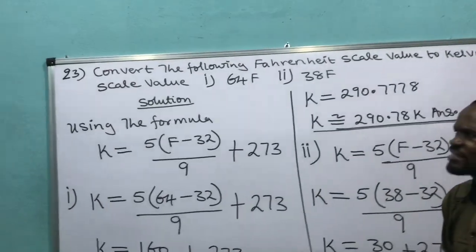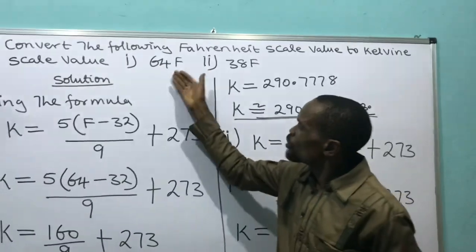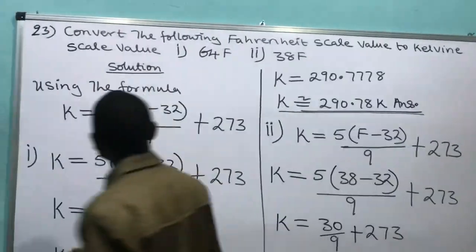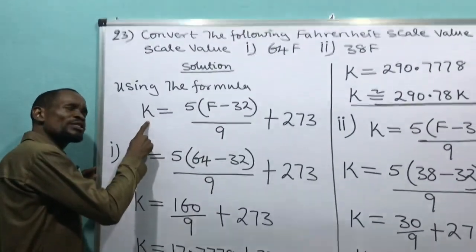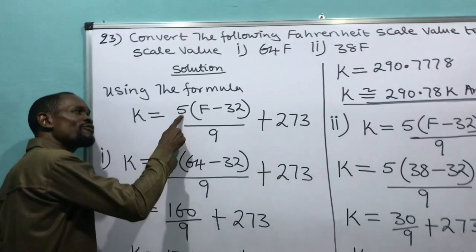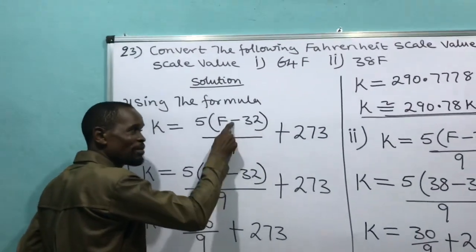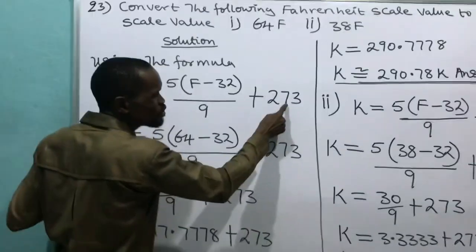thermometer scale. That's Kelvin calibration thermometer scale, while this was read with the Fahrenheit thermometer scale. So we say, solution. Using the formula K, which is Kelvin, equals 5 into (Fahrenheit value minus 32), this 32 is a constant, divided by 9, plus 273.